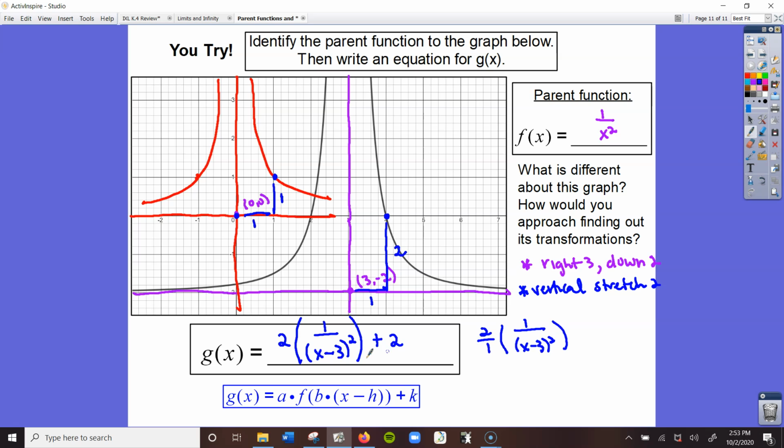So this is what that would look like, right? Because any whole number is always over 1. This is the equivalent to 2 times 1, which is 2, over x minus 3 squared times 1, which is just itself. And then don't forget the plus 2. So either one of these answers is acceptable. And that's all of our parent functions and how to transform and write their equations.